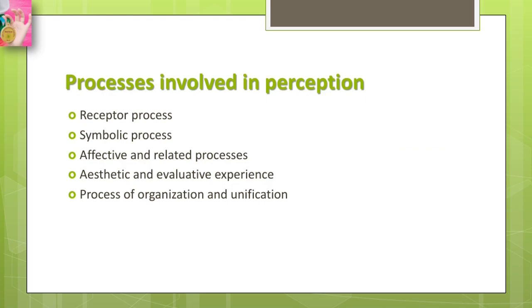Aesthetic and evaluative experience may also be involved in our perception of a situation. The rose may be perceived as beautiful or ugly, or one may be indifferent about it. Such evaluation depends upon affective feelings, one's interest and liking, as well as recall of the past experiences of pleasurable or unpleasurable events associated with any object being perceived. In this way, the affective and symbolic processes overlap.